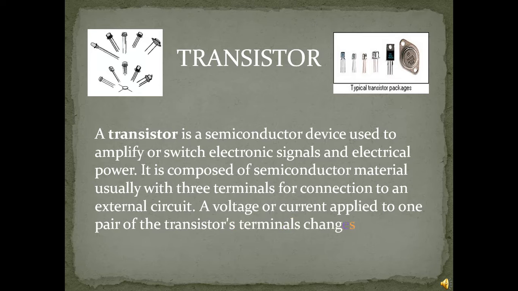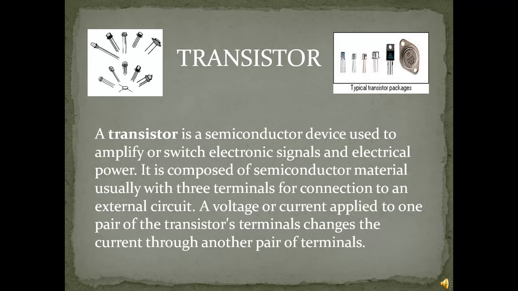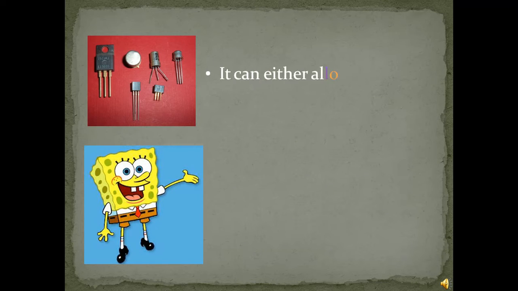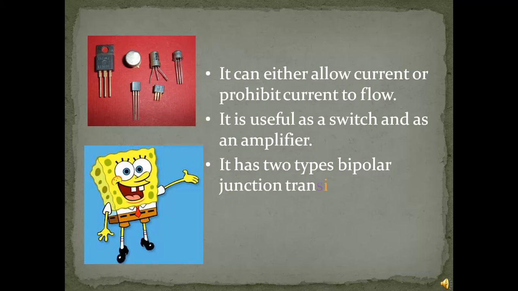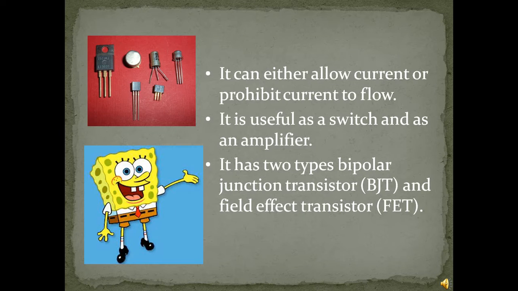It is composed of semiconductor material, usually with three terminals for connection to an external circuit. A voltage or current applied to one pair of the transistor terminals changes the current through another pair. It can either allow current or prohibit current to flow. It is useful as a switch and as an amplifier.